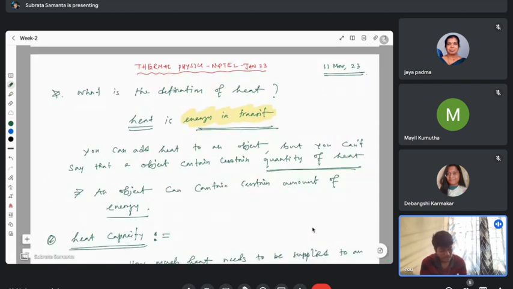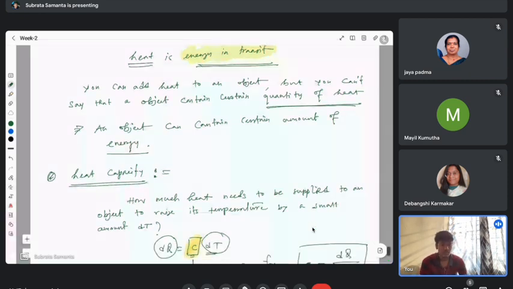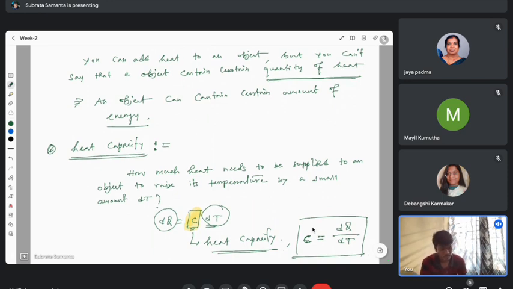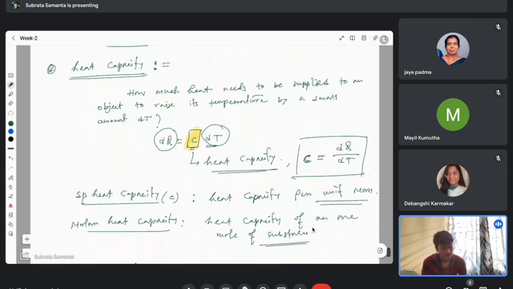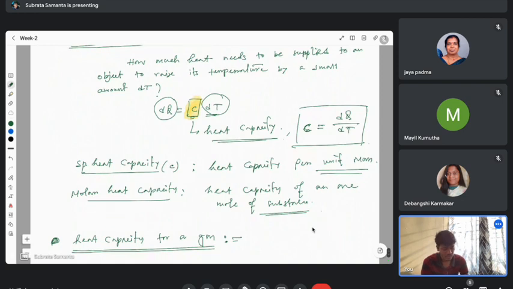Heat is energy in transit, so you can add heat to an object, but you cannot store heat in an object. Heat is always in transit, you cannot add and subtract amounts of heat as if stored. And then the concept of heat capacity: how much heat needs to be supplied to an object to raise its temperature by a small amount dT, and this proportionality constant gives the heat capacity.